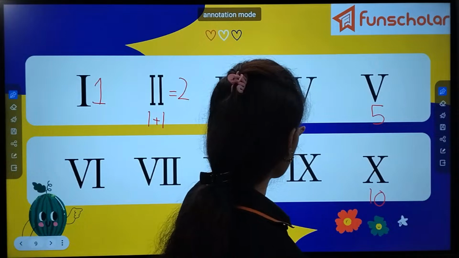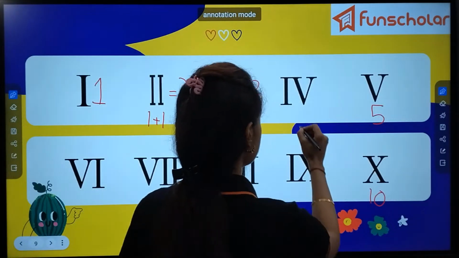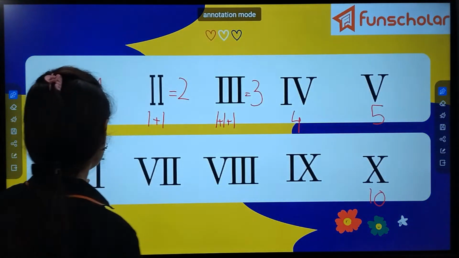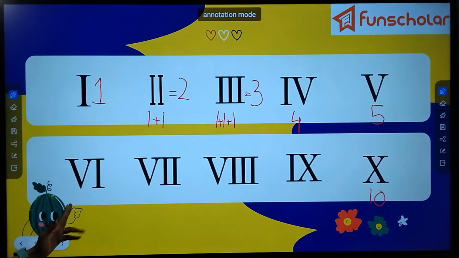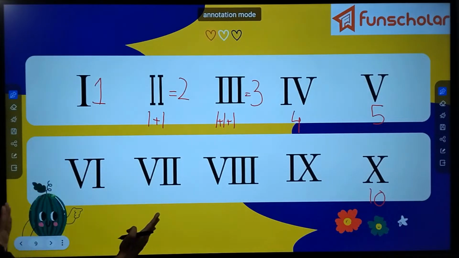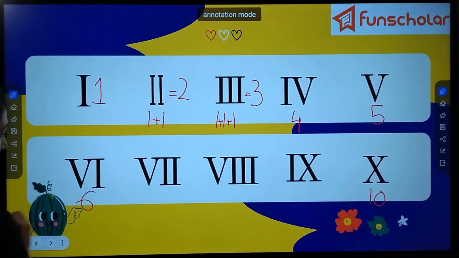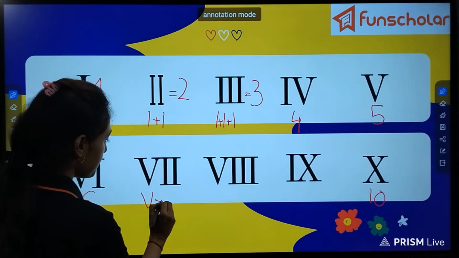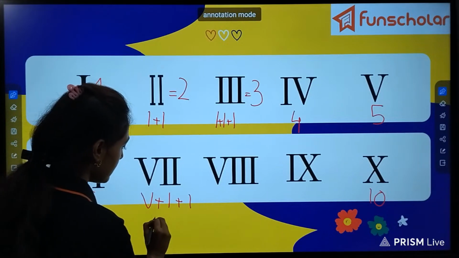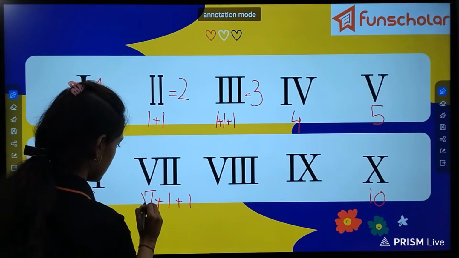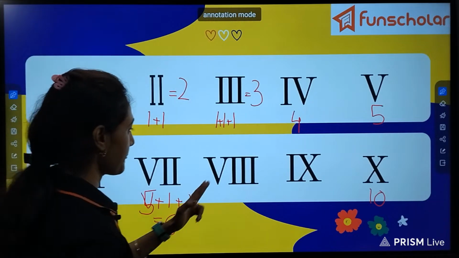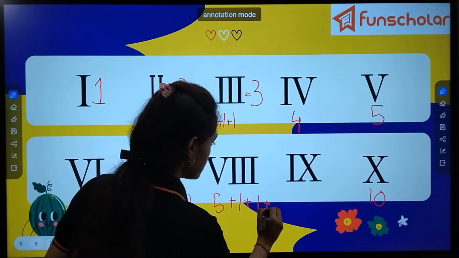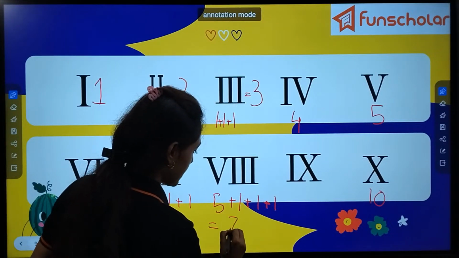Okay, if you put 1 before 5 then it becomes 4. How we will learn later on. Then if you add 1 on the right side of 5 then it becomes 6. Then 2 I's matlab 5 plus 1 plus 1 equal to 7.